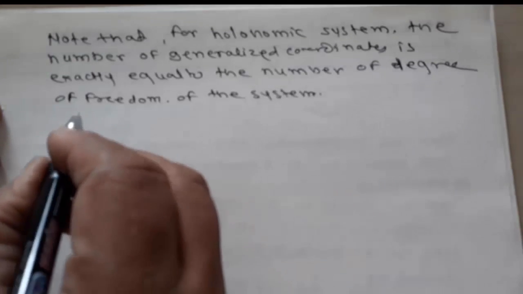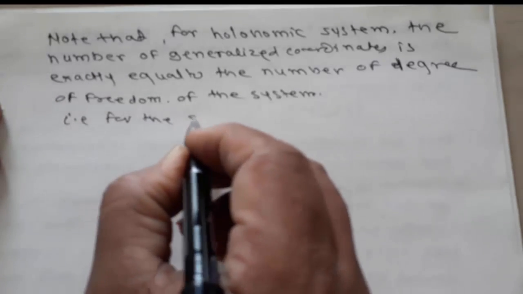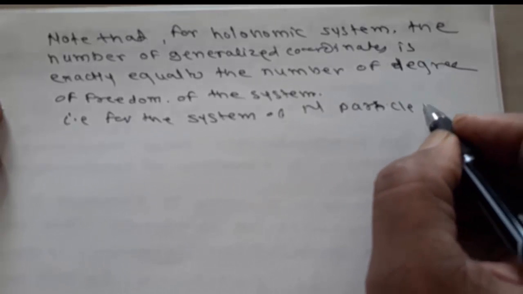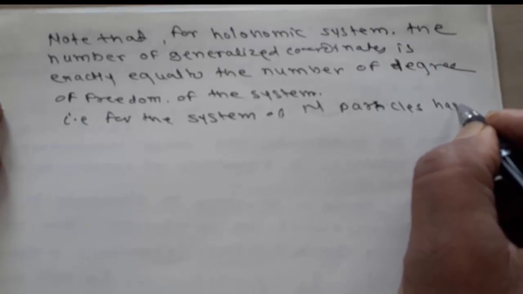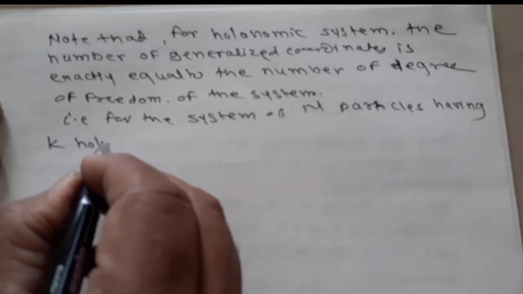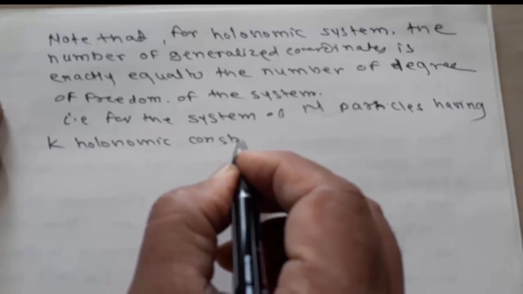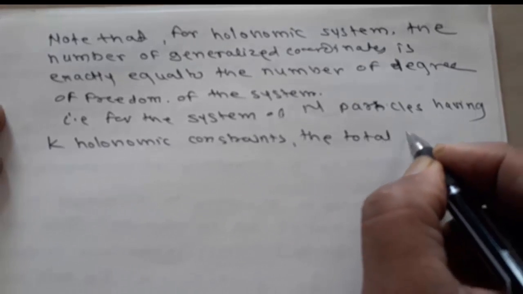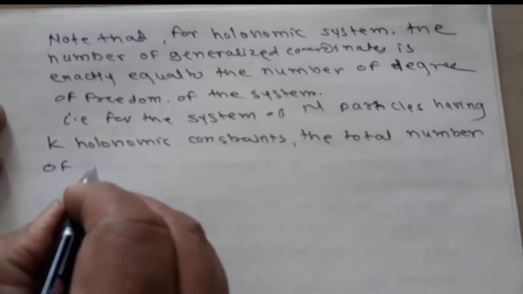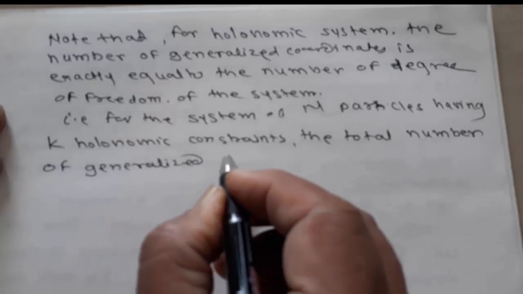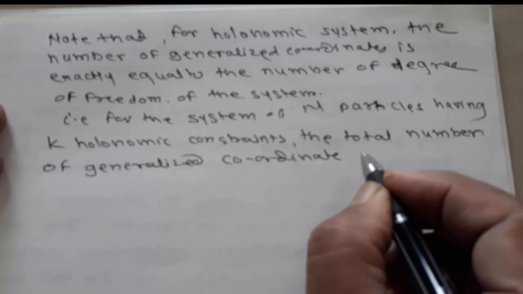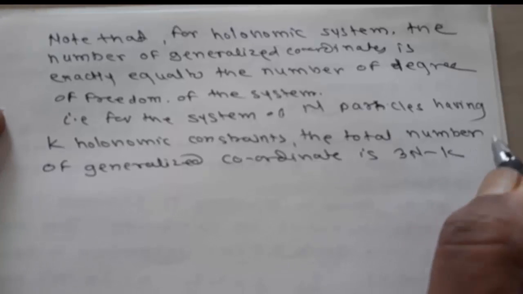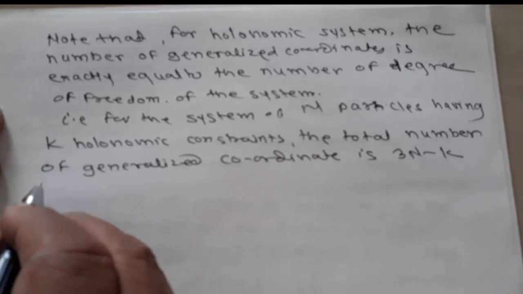That is, for a system of n particles having k holonomic constraints, the total number of generalized coordinates is 3n minus k, which is nothing but the degree of freedom, and hence they are strictly independent of each other.